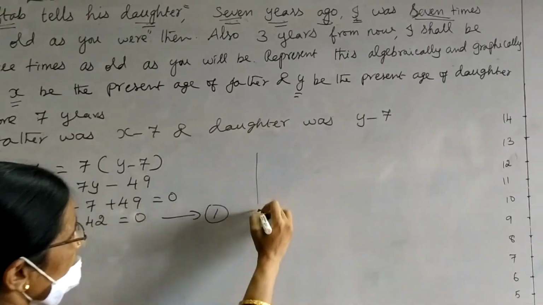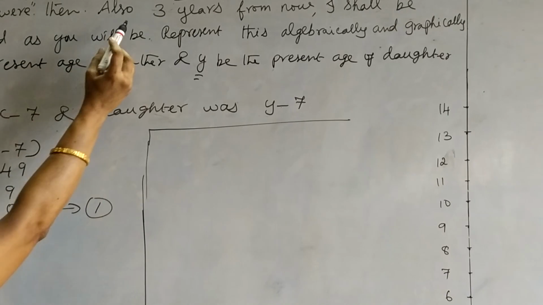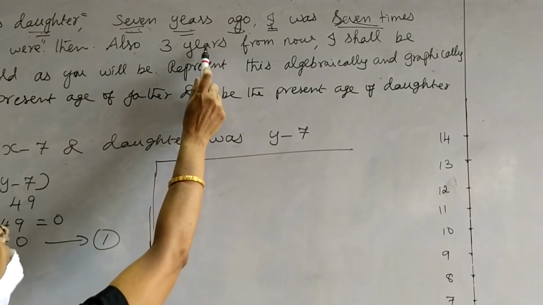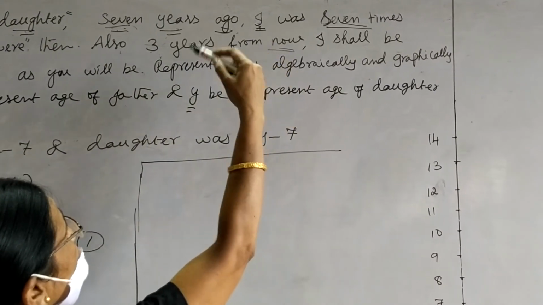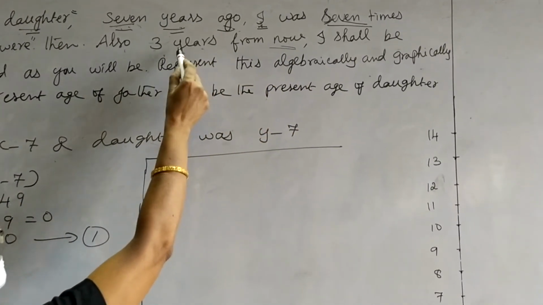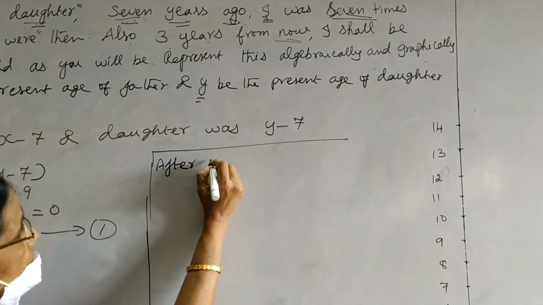Now we go to the second equation. The second equation is regarding 3 years from now. So the statement represents after 3 years. First let us find their ages after 3 years.